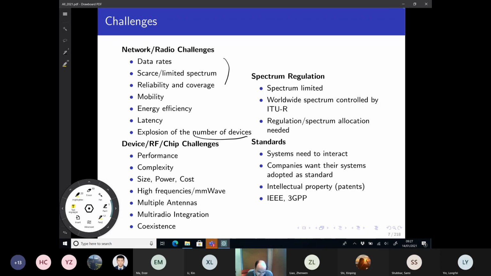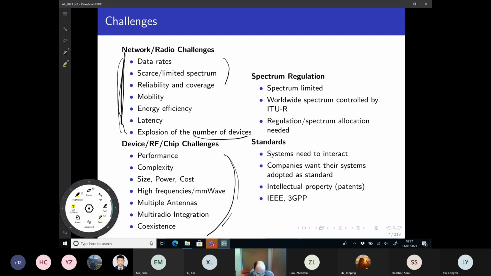So this is really about the design of the communication strategies, but you also have a lot of challenges for people doing RF design and chip design. All those communication and signal processing techniques that you come up with here will ultimately have to be implemented on chips.